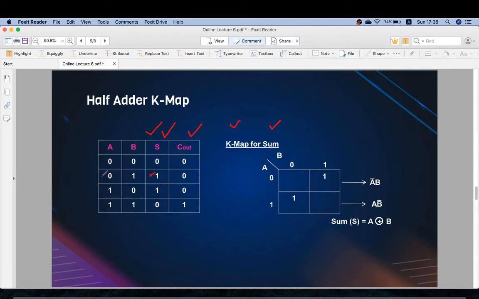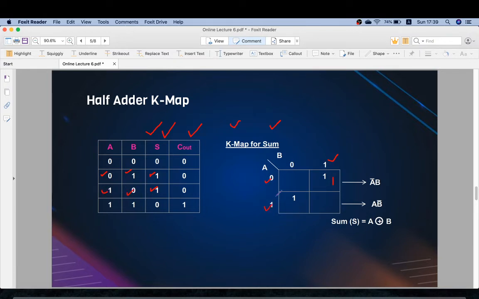The sum is 1 with the input of 0 and 1. So where is 0 and 1? We will put one variable in that K-map cell. The second one in the sum column is on the input 1 and 0.